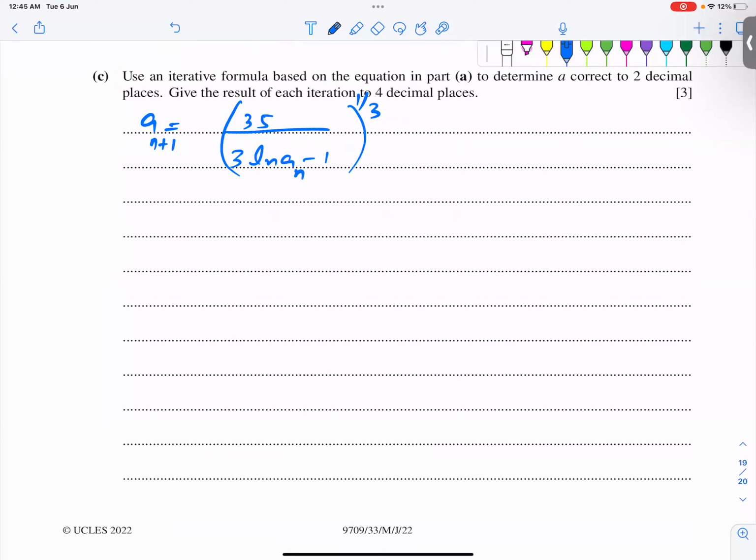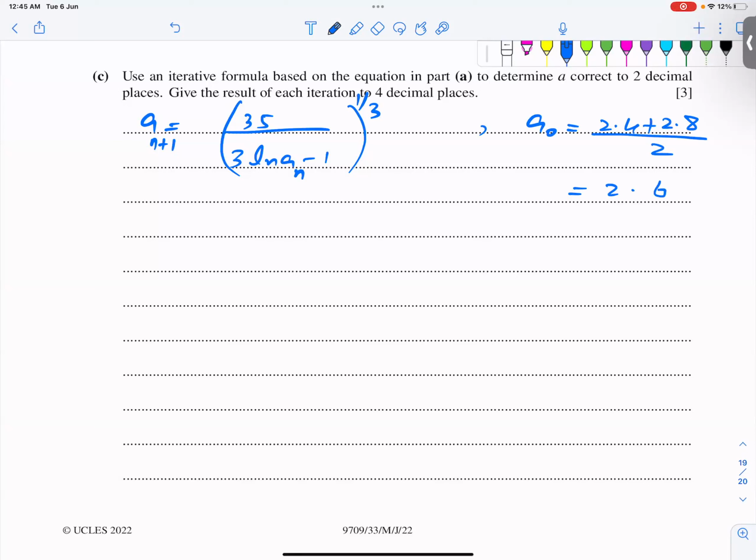On the left side, we will put n plus 1 in the base of a, and on the right side, I will put n in the base of a. So just put n is equal to 0 in this. Also take the initial guess as the average of these 2 points. So 2.4 plus 2.8 over 2. This will be 2.6. Okay.